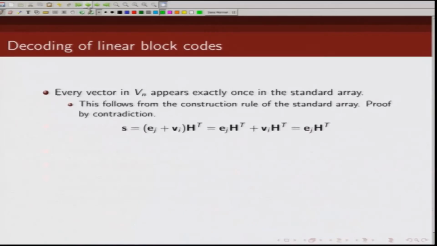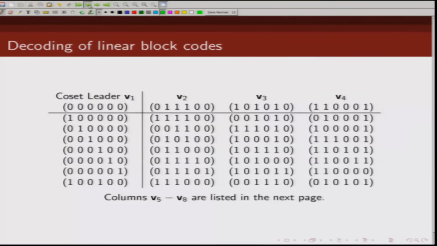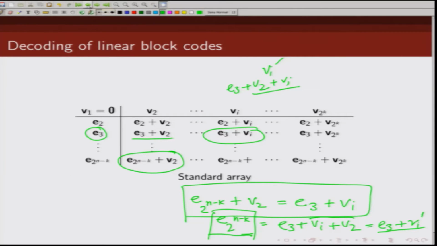We can again go back to our diagram for the standard array and see this. In this row is E3, in this row all these elements have E2. So, they will have the same syndrome.